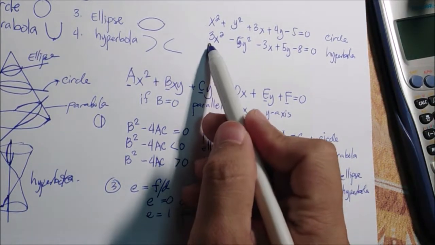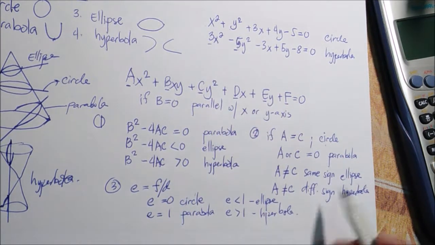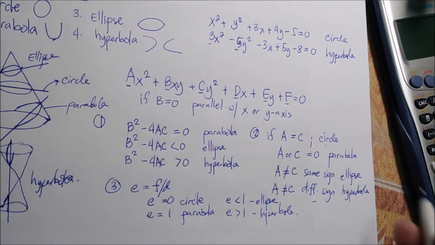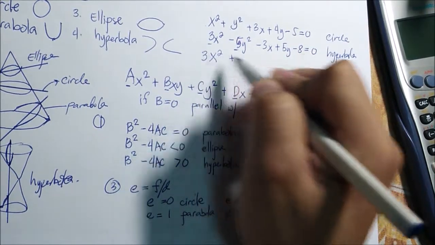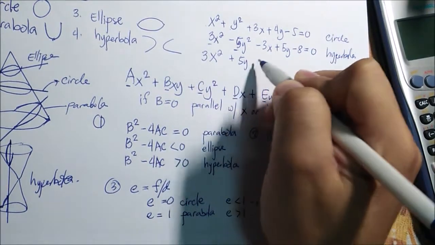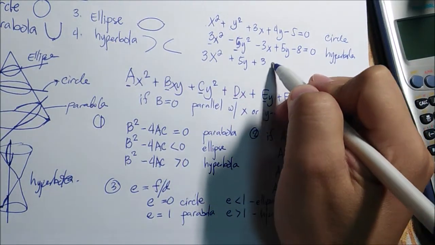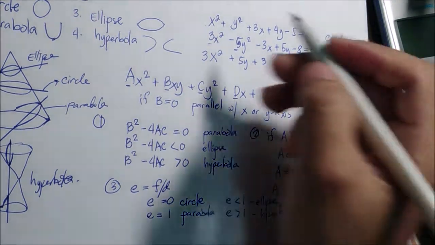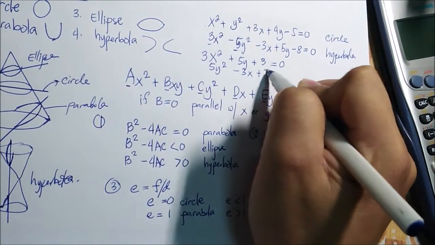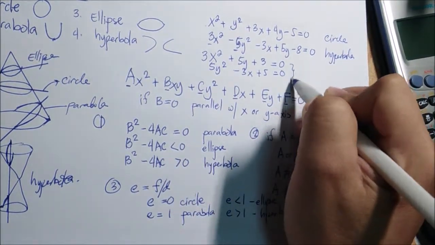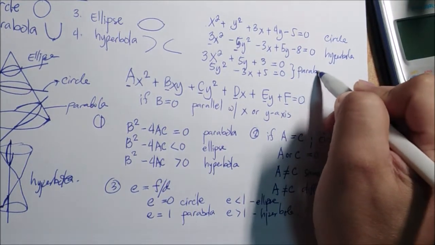Why? a and c are not equal, and they are different in sign. If for example we have 3x squared plus 5y plus 3 equal to 0, or we have 5y squared minus 3x plus 5 equals 0, these equations are parabolas.